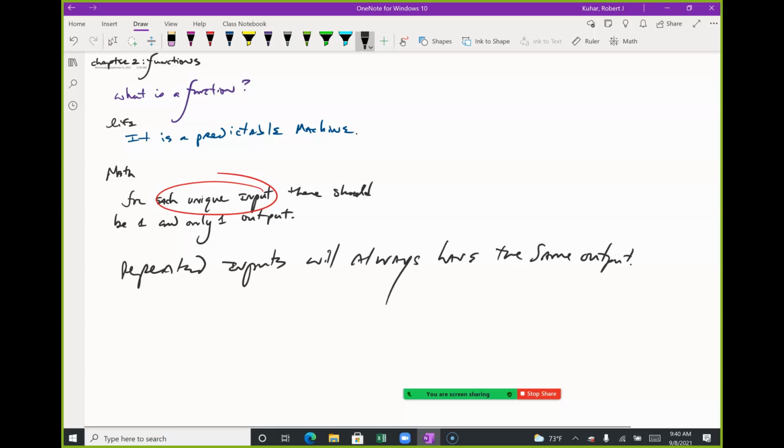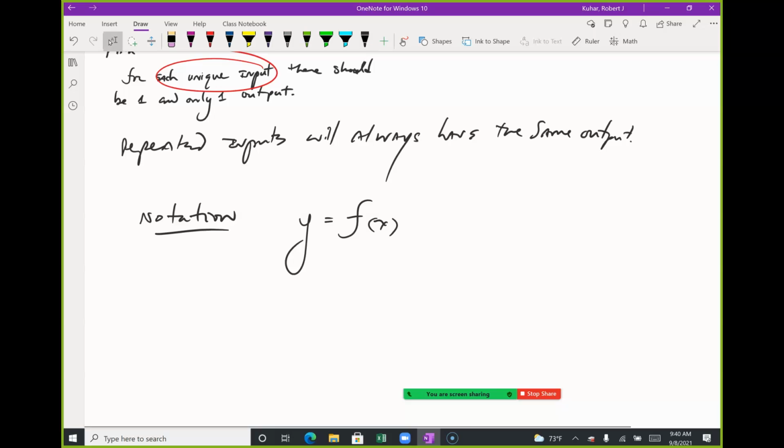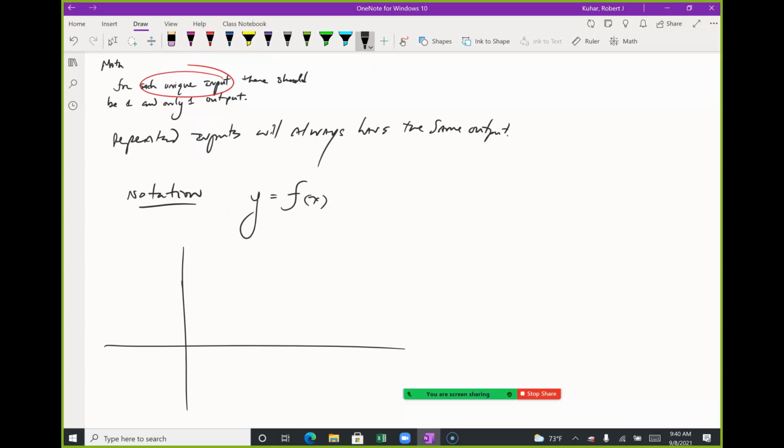So looking at function notation, how are we doing so far? This seemed like a repeat on things you've seen before? Yeah. Joseph, thank you. So our notation is y equals f of x. What we used to have on our xy axis is some point, x comma y.